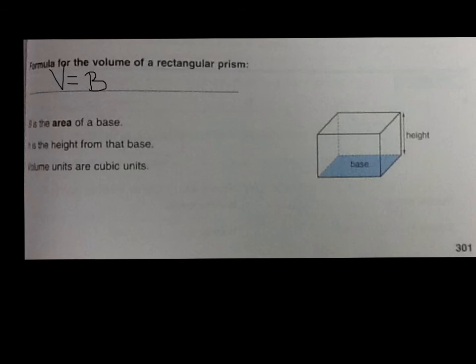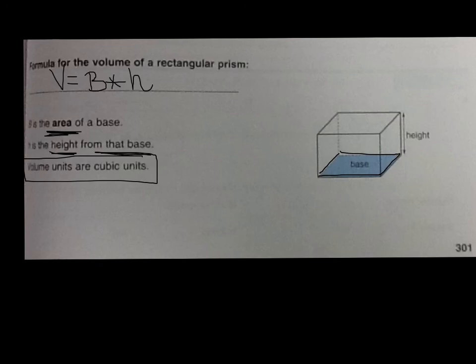It doesn't just stand for one side, it stands for the whole area of the base, just like we did in problem 1 where we multiplied the length times the width. So the B is the whole base, and then we multiply that by its height. So volume equals the area of the base times the height, and volume is in cubic units because each unit looks like a cube.